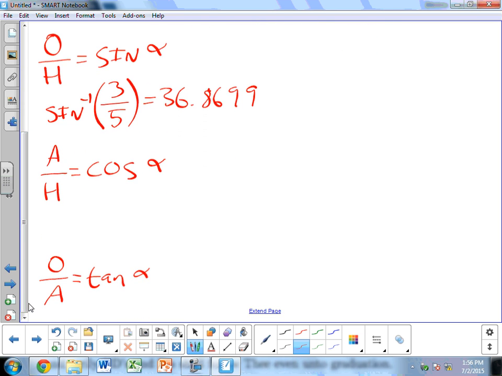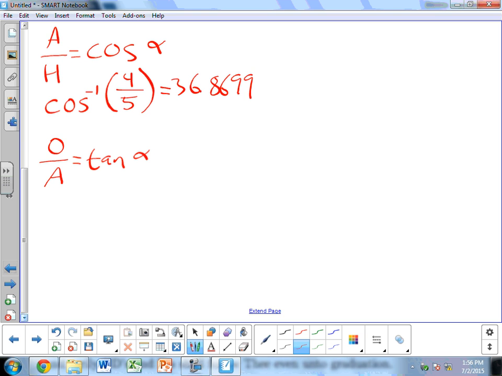So now to find alpha using cosine, we're going to do, again, the cosine inverse of the adjacent side of alpha, which is 4, and the hypotenuse, we said, is always 5. So we're going to take the cosine inverse in your calculator of 4 divided by 5, and when you put that in, it's the same answer, 36.8699. Guess what? It's going to be the same answer for tangent too.